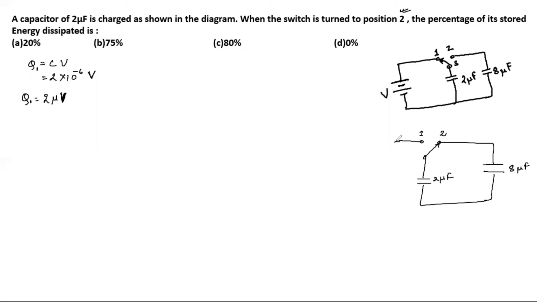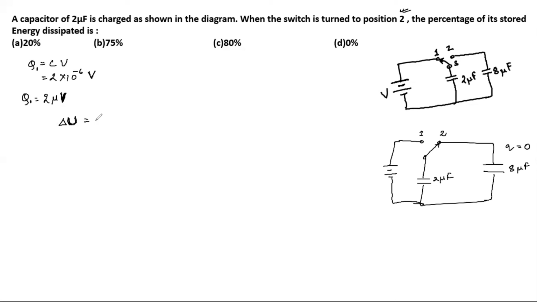Remember, this 8 microfarad initially was chargeless, so Q equals 0. But when it is connected to this 2 microfarad, there will be a flow of charge, and both of them will acquire a common potential. And when this common potential is acquired, there will be a certain loss in energy. So we are going to directly use the change in energy stored in the capacitors.